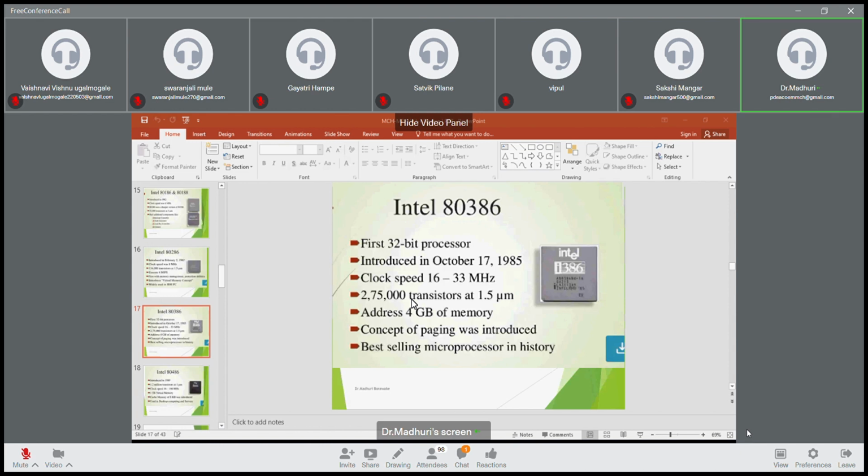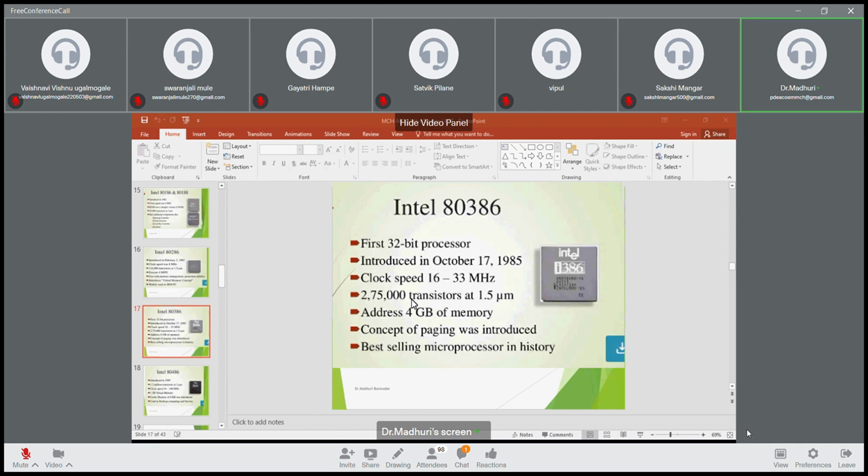Due to the increase in transistors, there is a disadvantage: more heat is generated, and when more heat is generated, there is a melting problem for this IC.